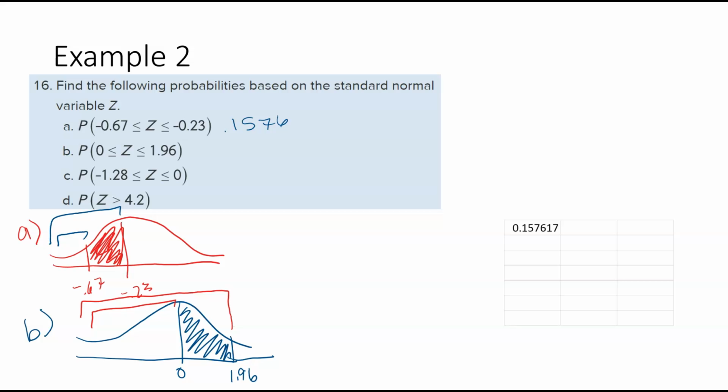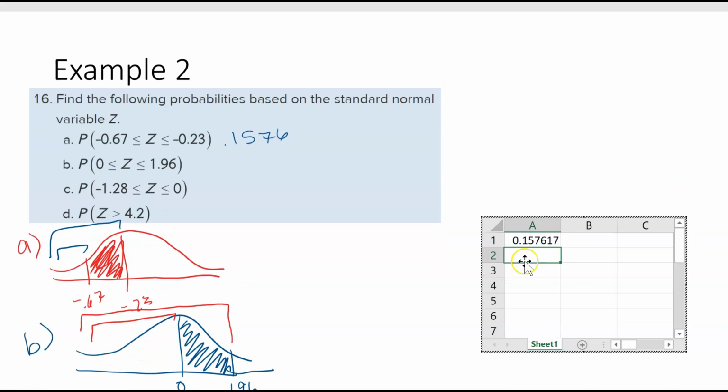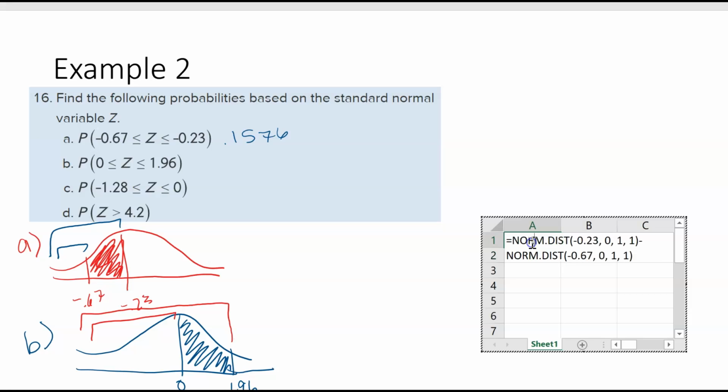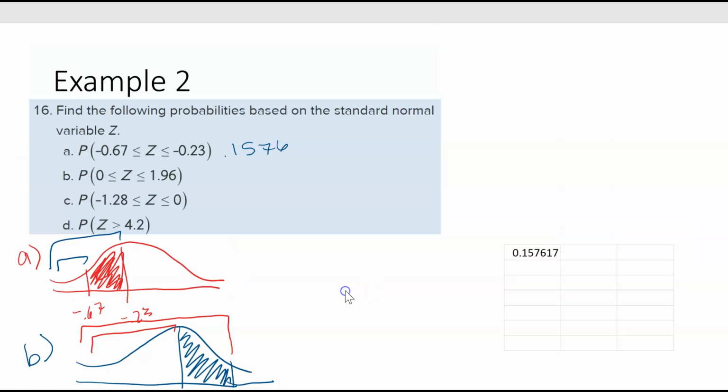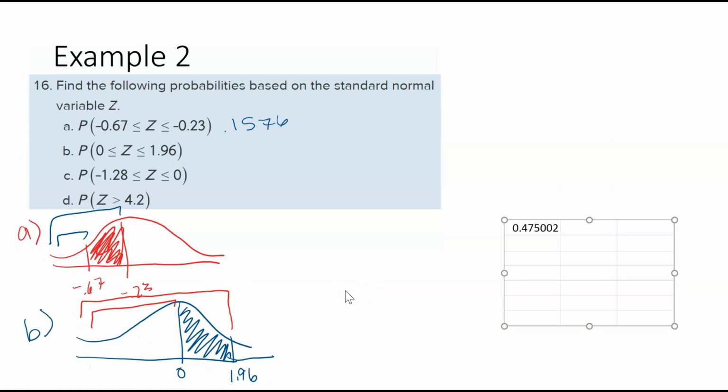But you can either know that or not know that. It's not a big deal, but we're going to do the same thing. I'm actually going to just kind of cheat here. My first z is now 1.96, and I'm going to subtract it from 0. And I end up getting 0.475. The reason why I could do that was because they were both betweens, so that was an easy one.